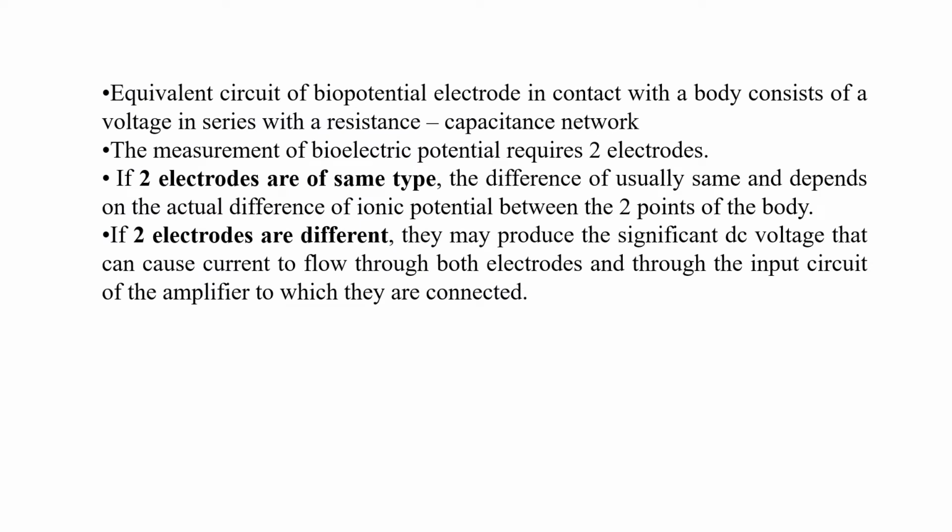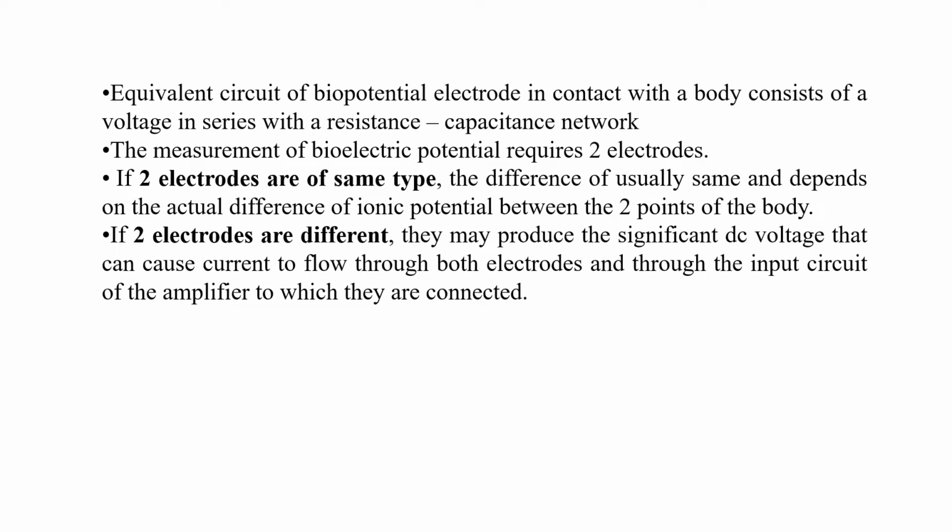Since the measurement of the bioelectric potential requires two electrodes, the voltage measured is the difference between the potentials of these two electrodes. Here the voltage is represented as V in the previous circuit diagram.